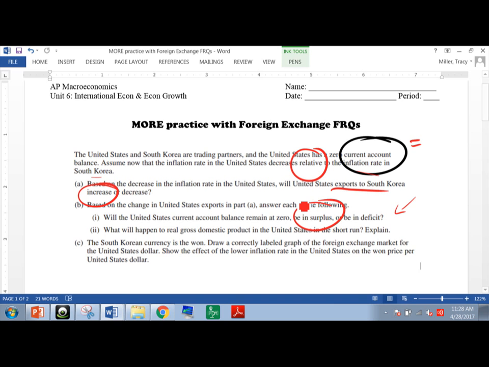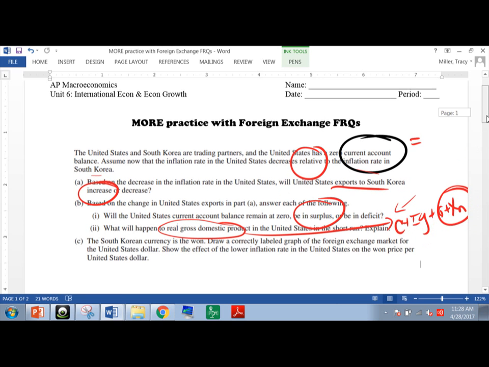What will happen to the real gross domestic product in the United States in the short run? Explain. Well, in the short run, whenever you're thinking about this, we have our C plus IG plus G plus XN. So let's focus on XN since we're talking about trade.